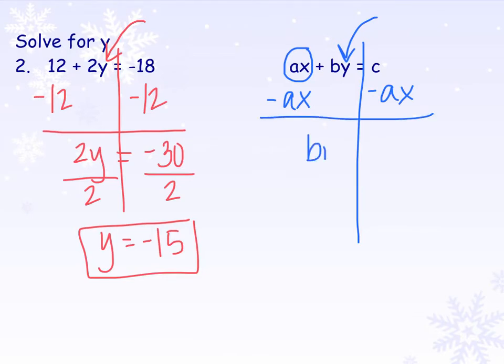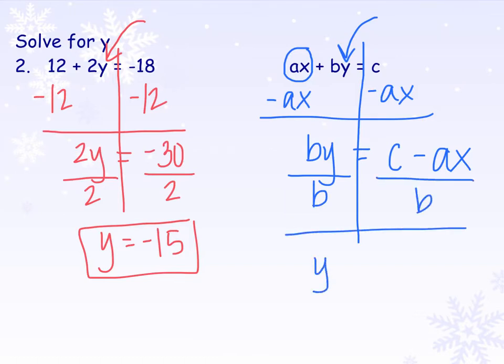Then I have by is equal to c minus ax. Again, I want y totally alone. On the left it was a 2, this time it's a b, which I don't know, but I can still divide it away. Then I end up with a final result of y by itself, which is what I wanted, equals c minus ax all over b.